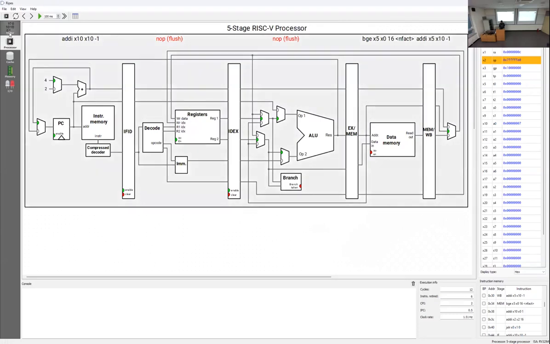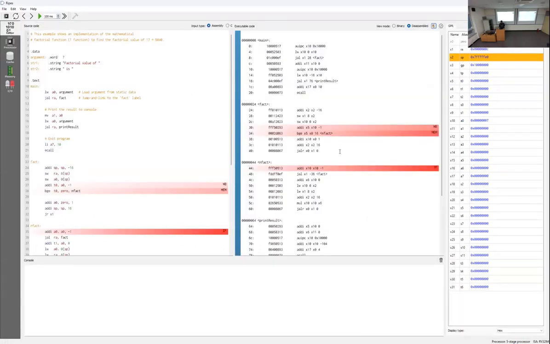And then if you click the instruction part, we can see where instructions are in the 5-stage processor. You can find that this instruction is in the instruction fetch stage, and actually 2 instructions are flushed. And then this instruction is in the memory stage, and this instruction is in the write back stage.